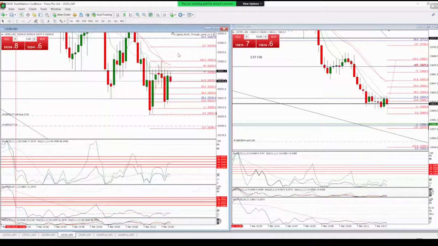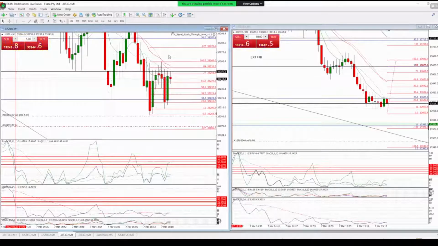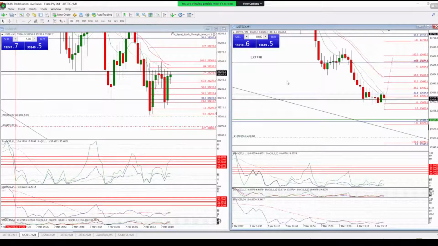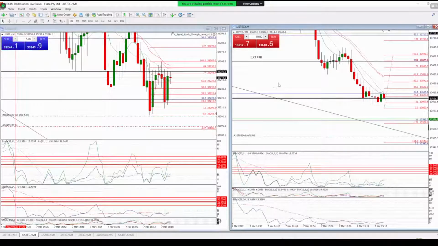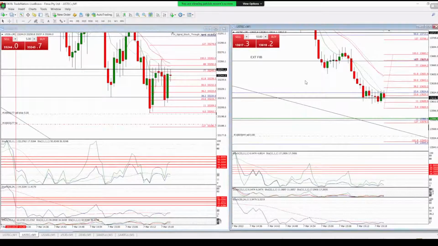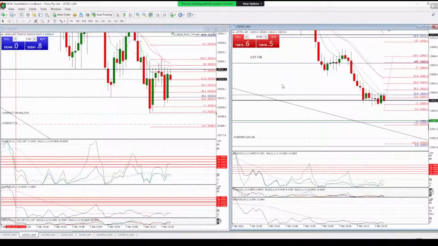I think that's the 38. Two, three, four, six. Not quite an extension for BI. We haven't got 8 candles.